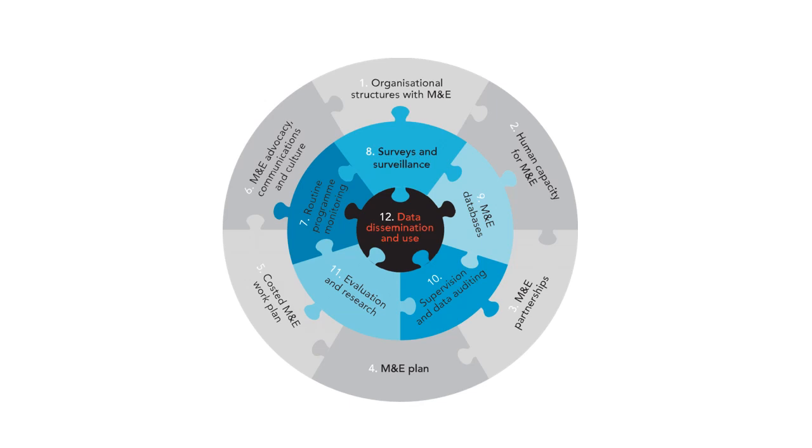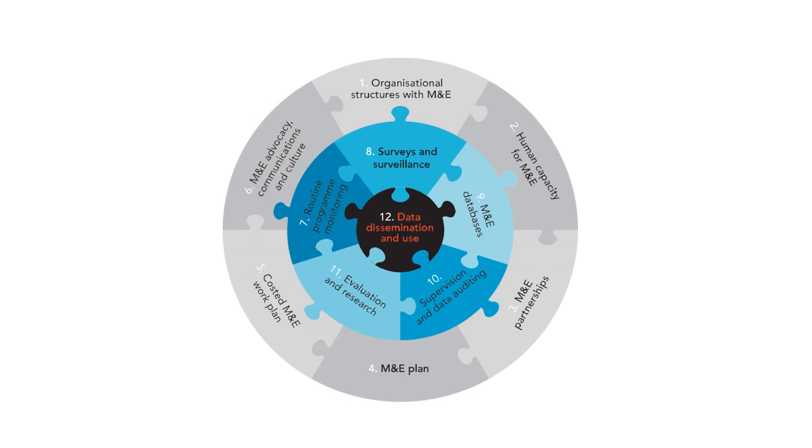In the middle circle in blue, you see the different tools and utilities which we require for a functional MEL. These are surveys and surveillance to collect data. We need databases in which we can store that data. We need supervision and data auditing to ensure that the data is of sufficient quality, and we need evaluation and research to actually make good use of that data.